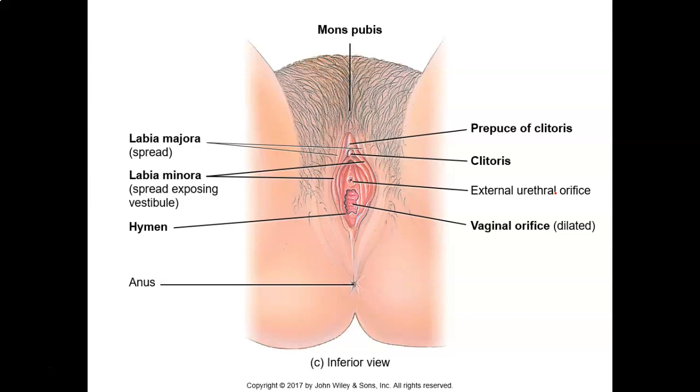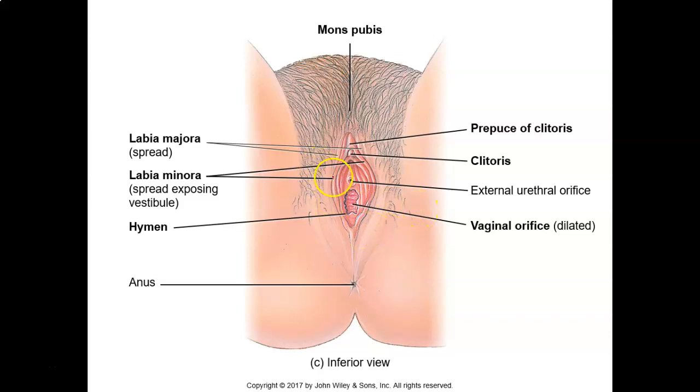Here we can see this orifice, that's the external urethral orifice. That dealt with the urinary bladder, how we actually urinated, right here. Just posterior to that, again, the vaginal orifice.